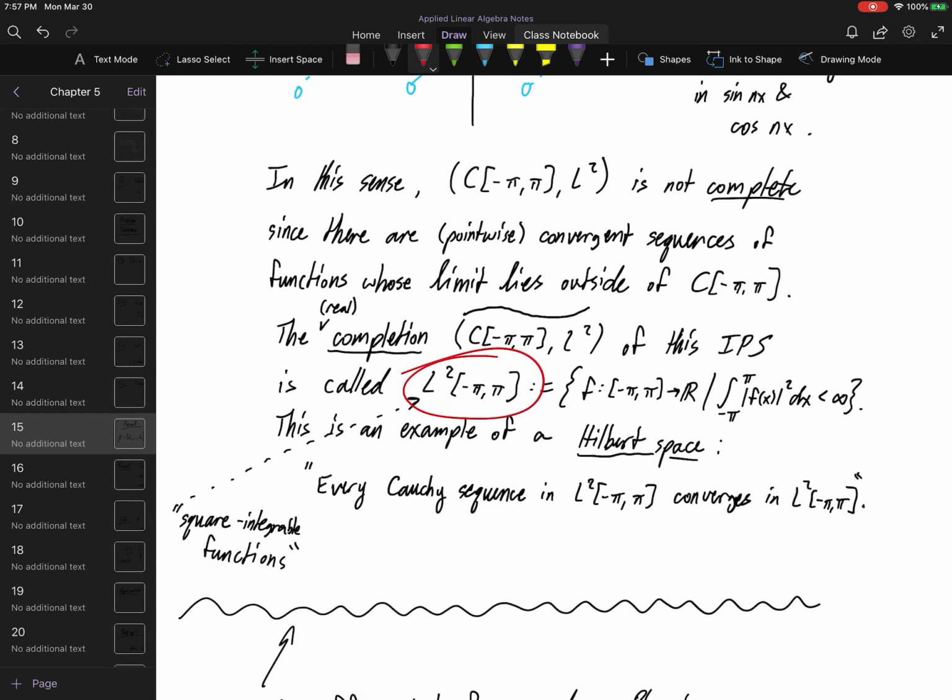Once we complete this inner product space, we have an example of a Hilbert space. Hilbert spaces are complete inner product spaces. It means that every Cauchy sequence, where all the elements eventually get arbitrarily close pairwise, definitely has a limit, and those limits still live in L2.